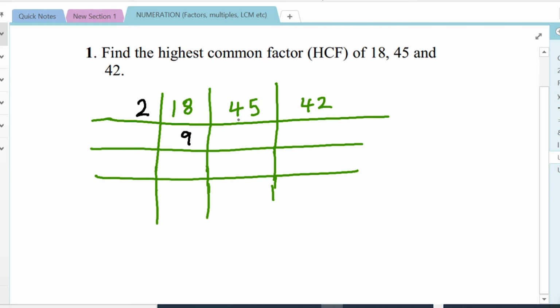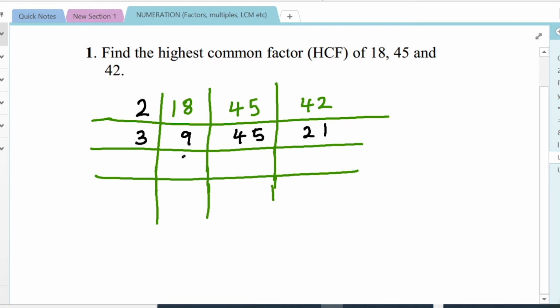Of course, 45 can't be divided by 2, so we leave it as 45. Then 42 divided by 2 is 21. We shall not tick off 2 because it was not able to divide 45. So we get to the next, let's use 3.